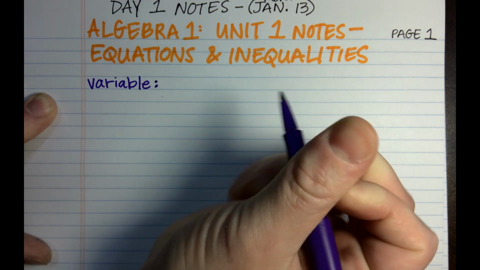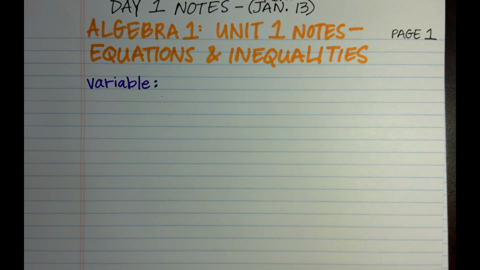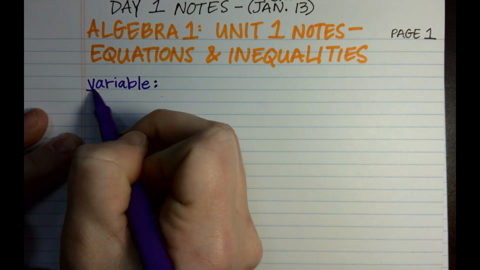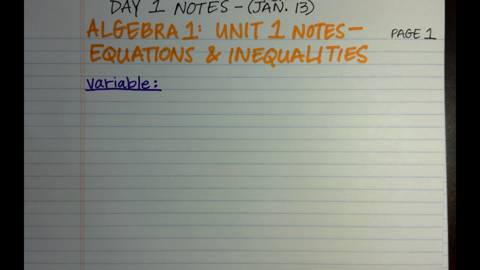And can somebody tell me again, what's a variable? Do you remember what a variable is? Let's see, number. A missing number, yes. It's basically that X that you see in most equations. It's a letter that stands for a number we don't know.